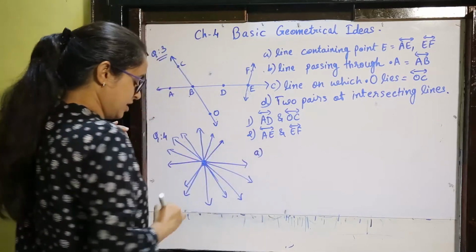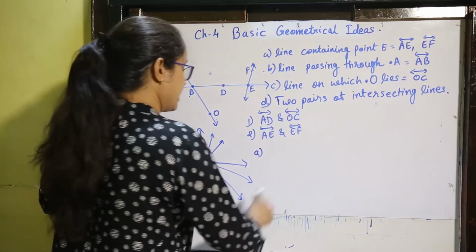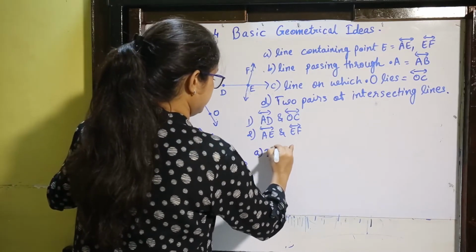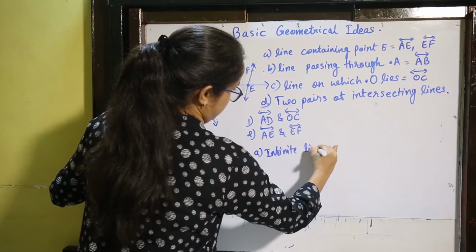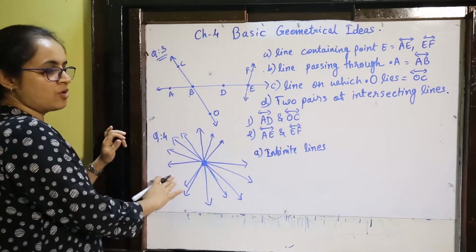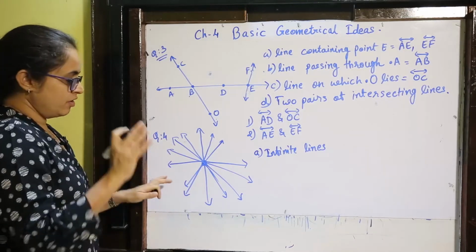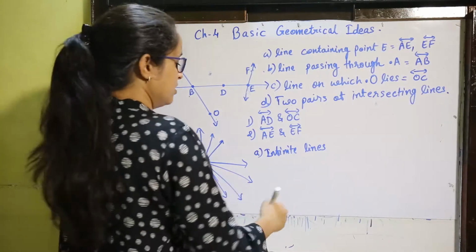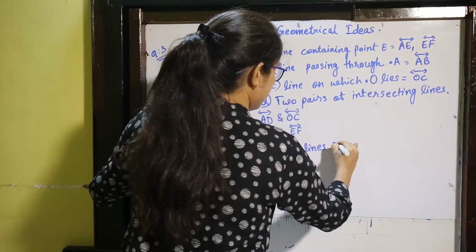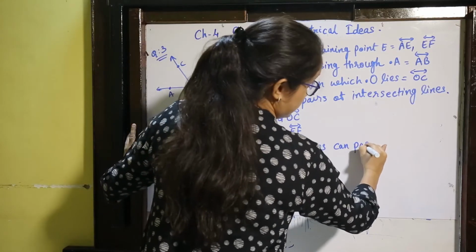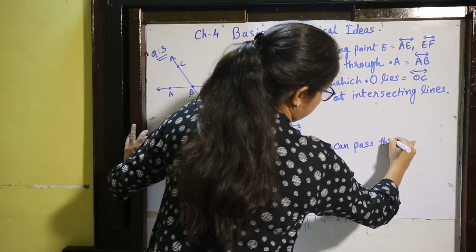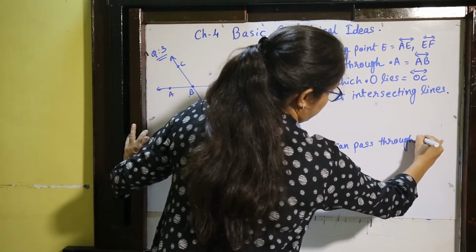Answer A, write infinite lines. If you want to draw you can draw, if you don't want to draw I will not force you to draw this. Okay, lines can pass through one point.